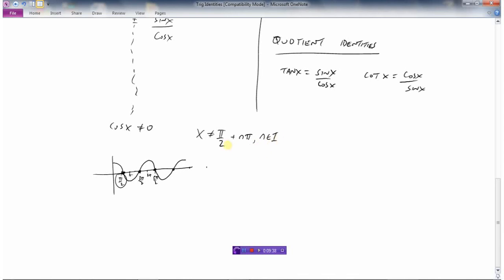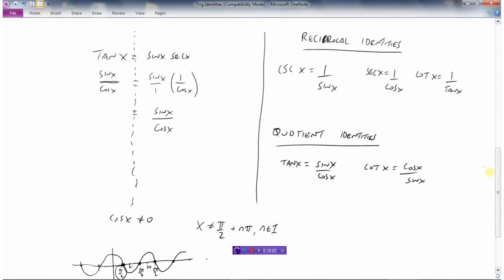So we can't take pi over 2, we can't add 1 pi to it, or 2 pi, or 3 pi, or minus a pi, or minus 2 pi. These would all give us values where cosine of that number would be 0. So we can't divide by 0. So cosine x, there's the cosine graph, cannot be 0. So x cannot be values like pi over 2 plus n pi, where n is an integer. Otherwise, any value of x on the left side will equal any value of x on the right side.